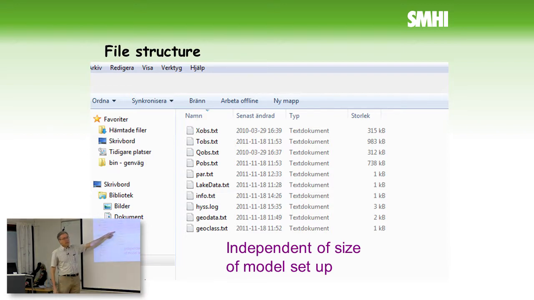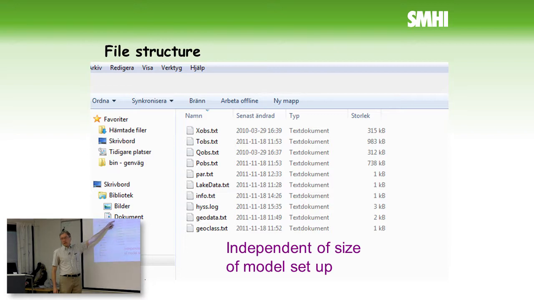But you need parameters if you work for Sweden or if you work with the whole world. You have to have forcing data, observed precipitation, all of it within one file here. You need temperature, observed temperature, also everything within one file. You don't need, but I'll come back to that later, it's quite useful to have observed discharge.